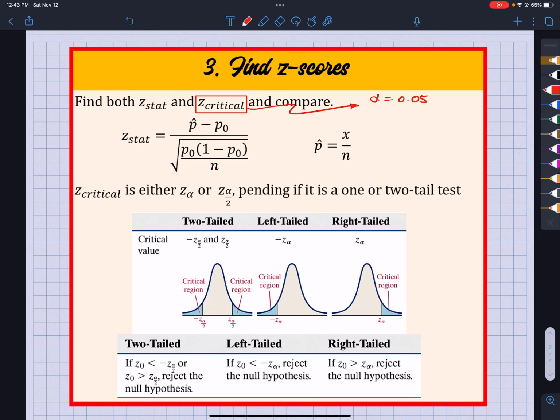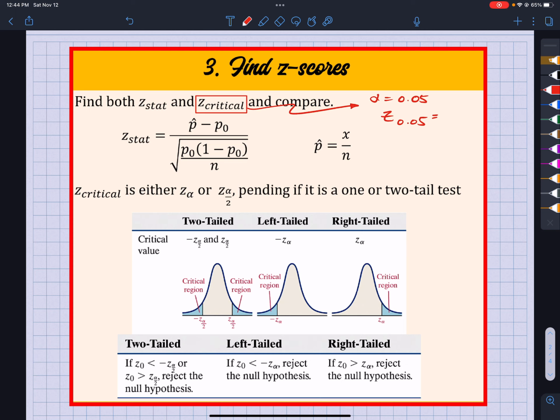So what I want to do is find the z of 0.05. That would be my z critical. Z statistic would be what I get as a z value when I type the statistics in. And of course you can find the z of 0.05 by using the TI.